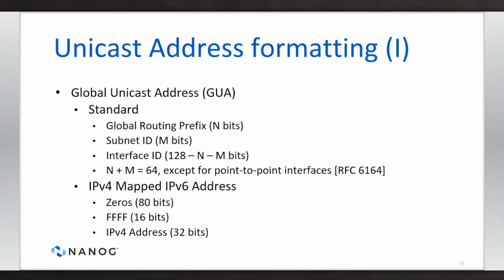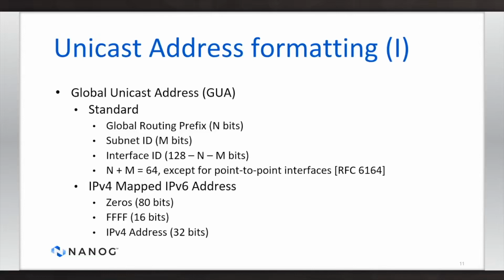And in this case, N plus M must equal 64, and the interface ID must also equal 64. But there are exceptions. There's an exception for point-to-point interfaces. You find that in RFC 6164. And when other things are encoded in the low order bits of the IPv6 address, you will also see this rule bent a little bit.